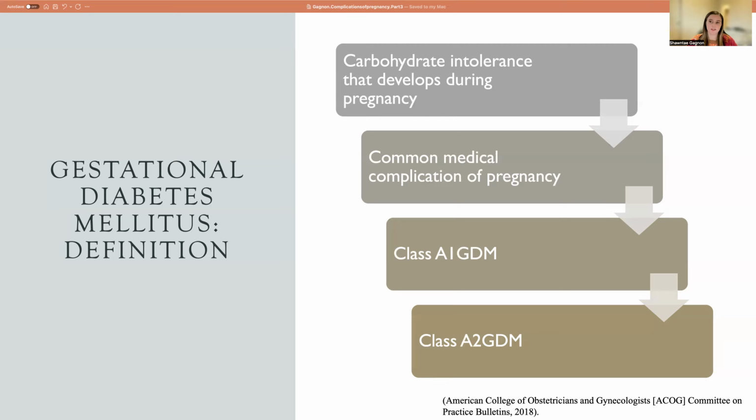And then some studies are even showing that fetuses of mothers with gestational diabetes are at increased risk of developing childhood and adult onset diabetes mellitus. So these are risk factors, short and long term, that can be life-threatening. And so we really need to find diabetes if it is in pregnancy and do our best to control it.